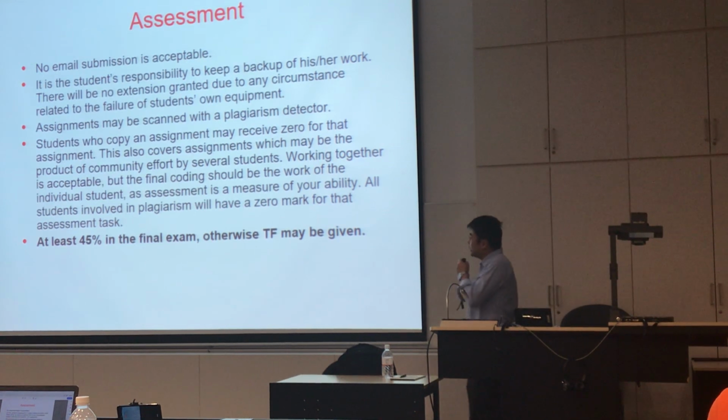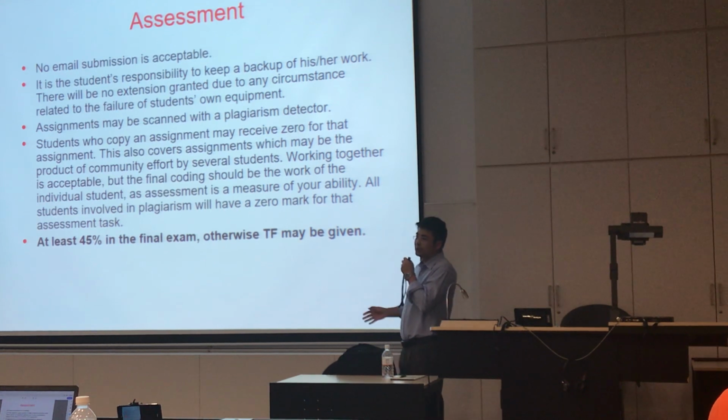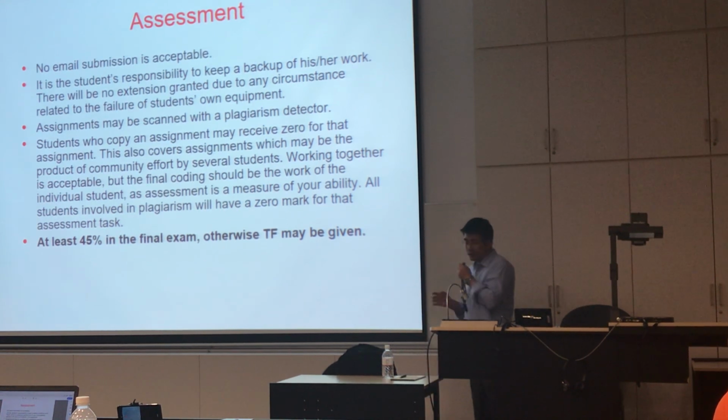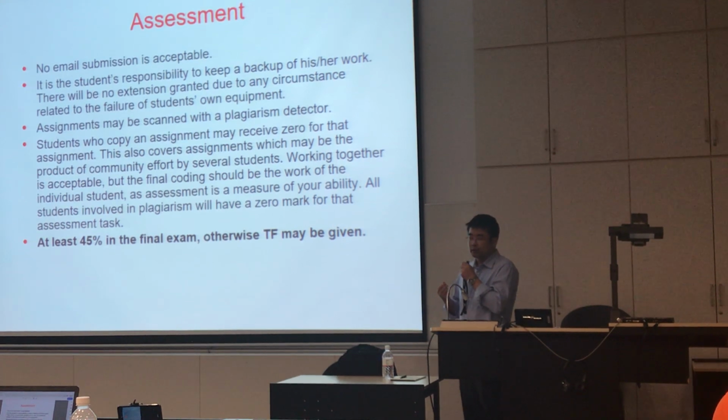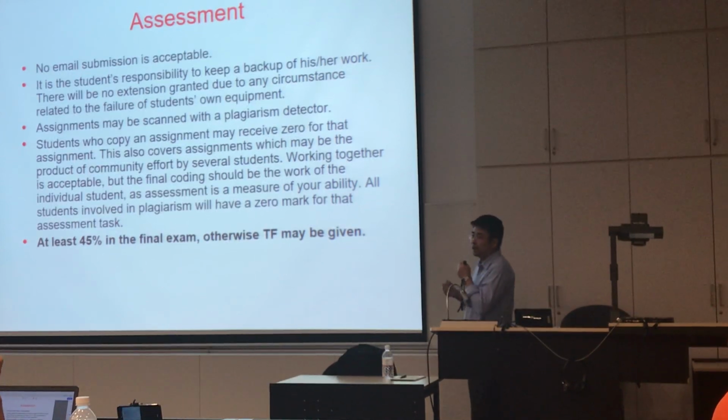Okay, for the final exam, there is a minimum requirement for you to pass this subject. You must achieve at least 45% of the marks available in the final exam. The final exam has 60 marks, so you need to obtain at least 27 out of 60. Otherwise, you will be given a so-called technical fail.